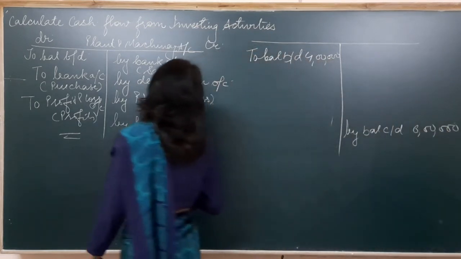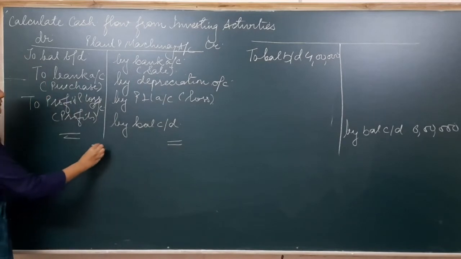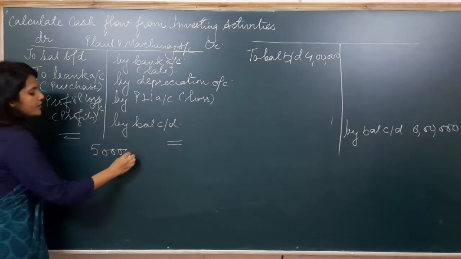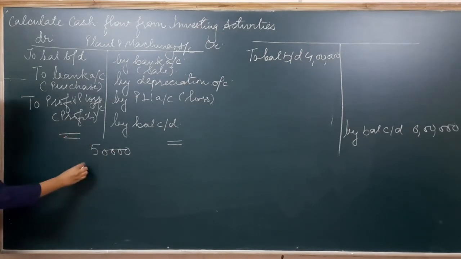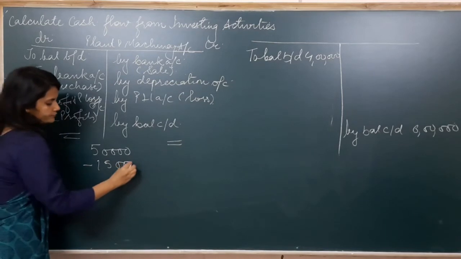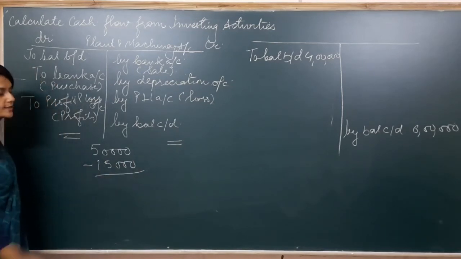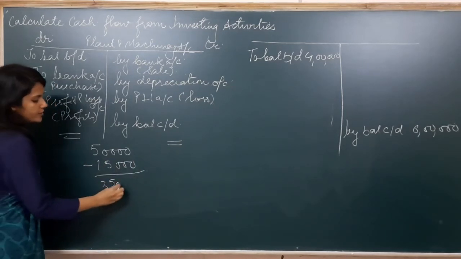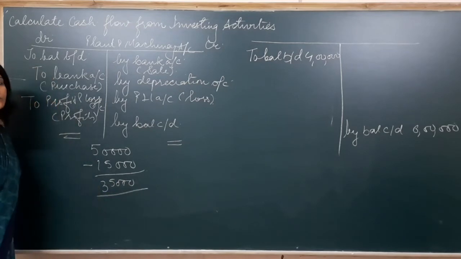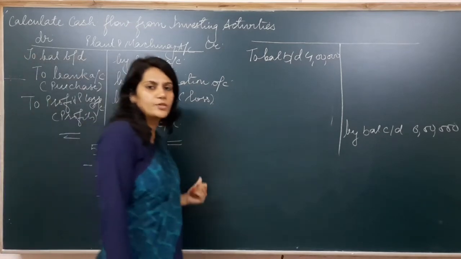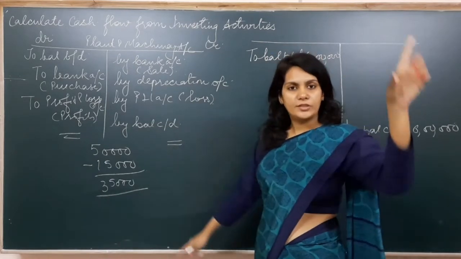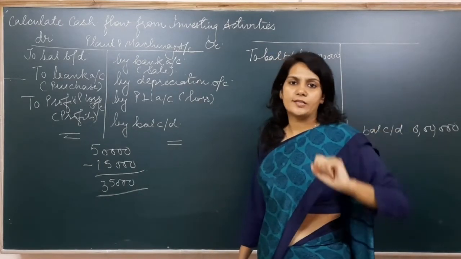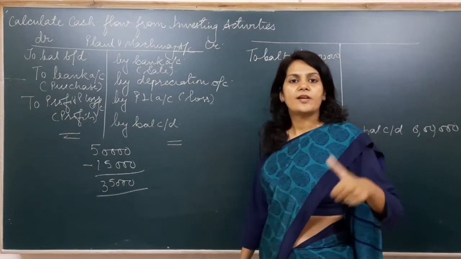It means out of all the machineries, we have sold off one machinery, and depreciation on this particular machinery only is 15,000. So the written down value of this machinery is 35,000. You may say 50,000 is the cost of the machinery at the time of its purchase, but we are selling off this machinery after some time.